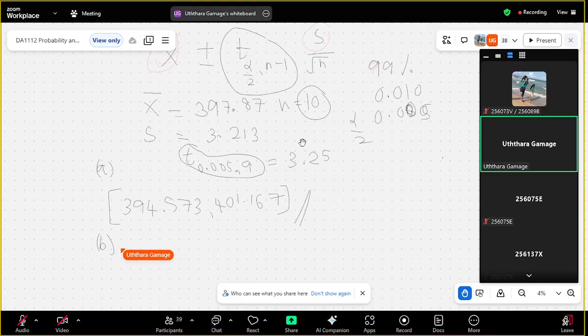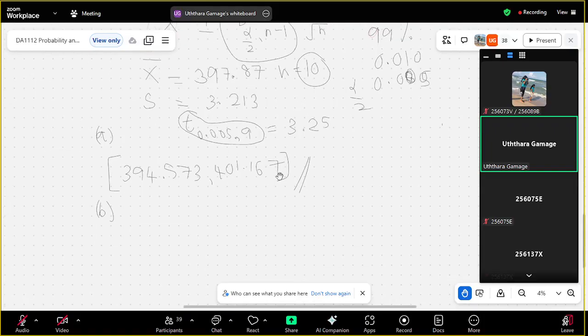You can say like this. We are 99% confident that the true population mean weight of biscuit packets is in the interval of 394.56 and 401.1719, right?